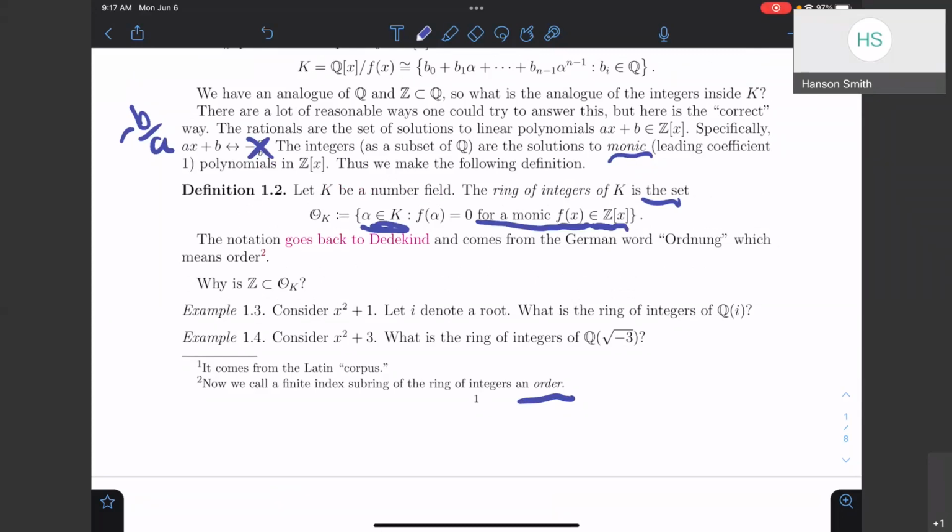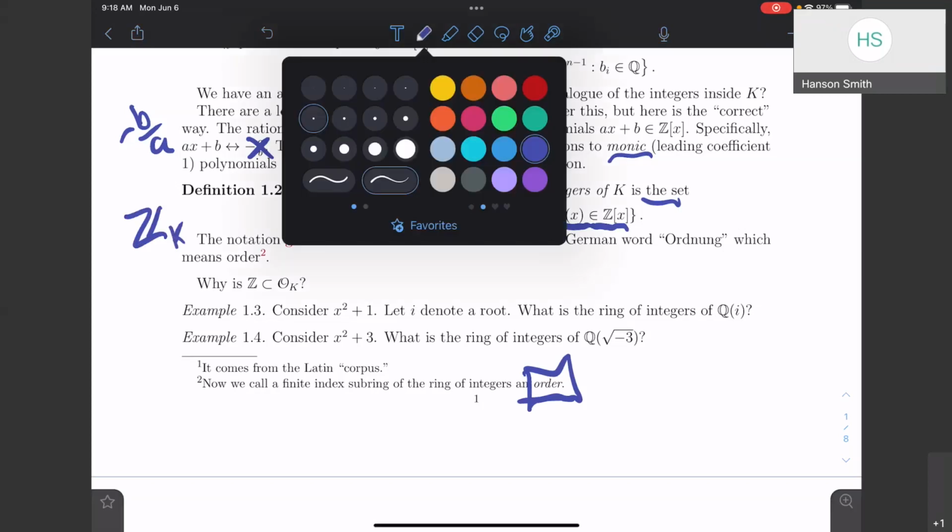That's just a historical note on how we normally use the term order. But we denote the full ring of integers with this O right here. Another piece of notation you also see is Z sub K.